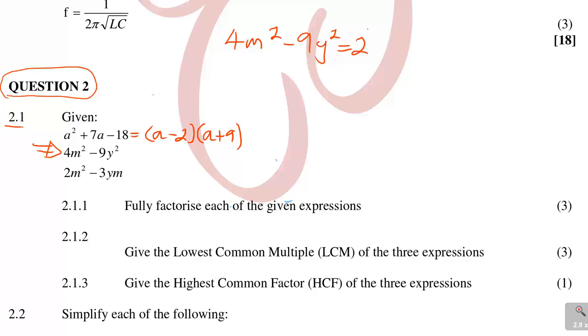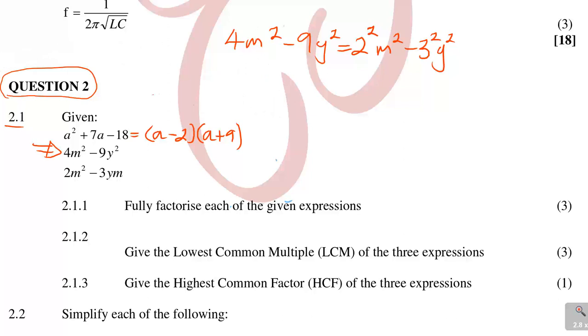4 is 2 squared, m squared, and 9 is 3 squared, y squared. So you need to first express everything as a square. So don't be tempted to say from here 4m minus 9y, because 4 must be expressed first as a square. So you need to express everything as a square.